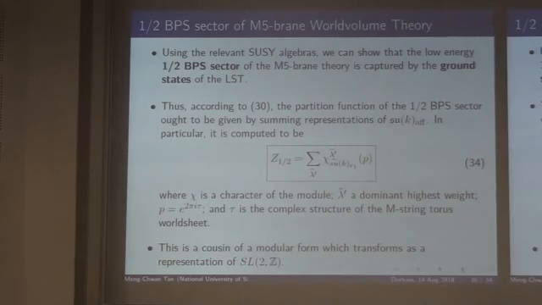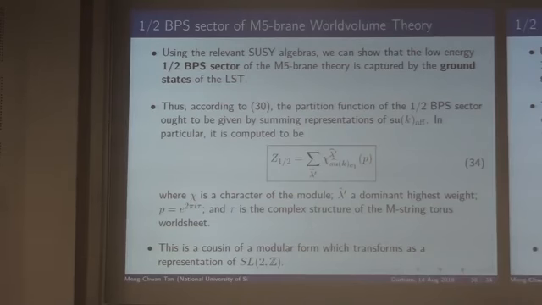This is a dominant highest weight, which labels the module. And then this is the complex structure of the M-string torus, because we're using the DLCQ, so you have a periodic direction, and then you're summing over all states, so you're taking the start and the end of the timeline, and linking them together, so you have a complex structure tau inside this guy here.